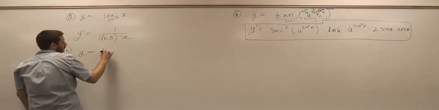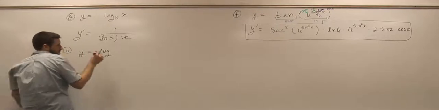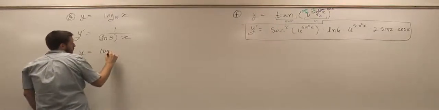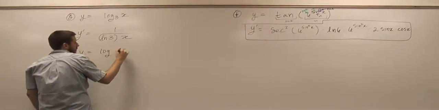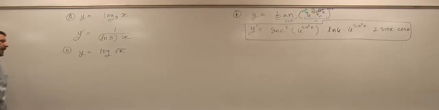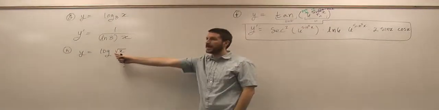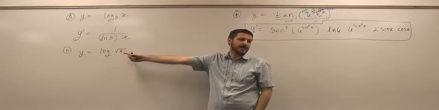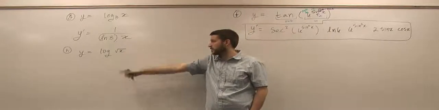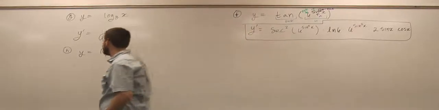What if I wrote this: log of root x. You know what to do with that? If I write log with no base, it's implied base 10. That's something you hopefully saw in pre-calculus.